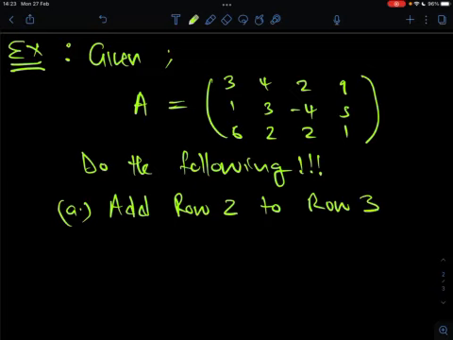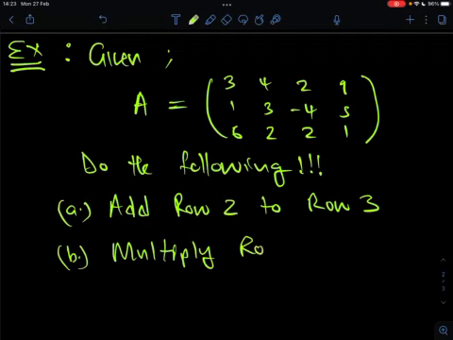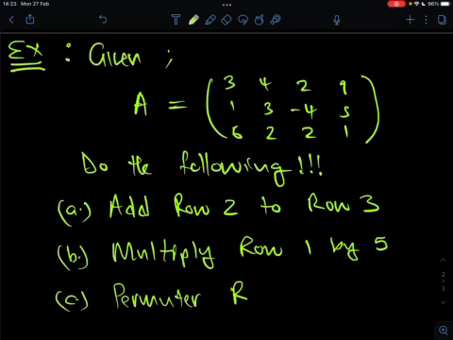So you can be asked to add row 2 to row 3, and then B, you can be asked to multiply row 1 by 5. Then C, you can be asked to permute row 2 and row 1.